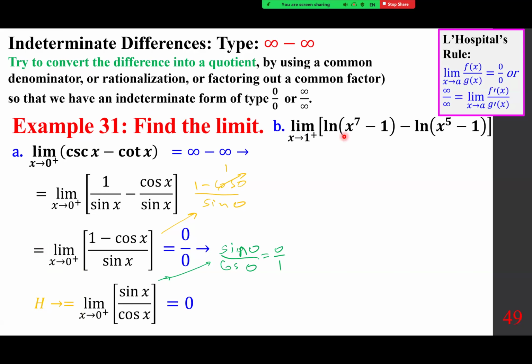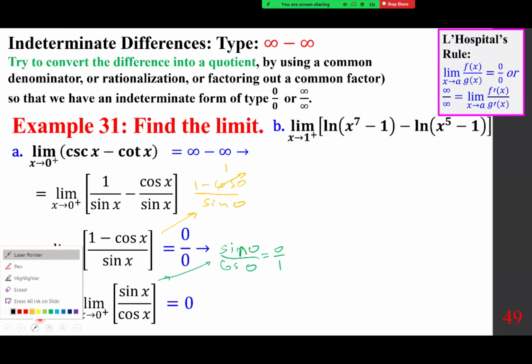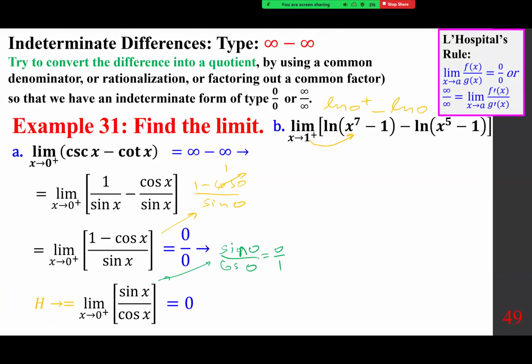All right, so if I plug in 1, everybody, I get ln 1 minus ln 1. And please understand, I mean ln of 0 minus ln of 0. So this is from the right. So this becomes ln of 0 from the right minus, if I plug in 1, the same thing, ln of 0 from the right, which means each one is negative infinity.